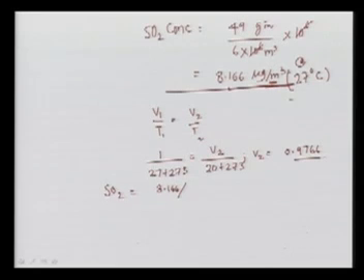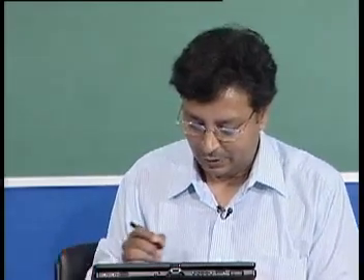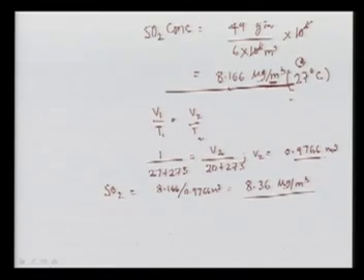So this SO2 concentration is really 8.166 divided by 0.9766 meter cube, because my 1 meter cube is really 0.97 meter cube. And this concentration becomes 8.36 micrograms per meter cube in the village at 20 degrees Celsius. Now I'll find how many trains can be allowed.